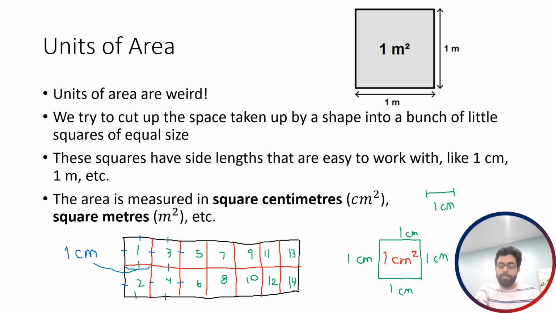We talked about exponents before, right? Basically, if you take this side length and multiply it by this side length, that gives you the area of the square. So 1 centimeter times 1 centimeter is 1 centimeter squared, to the power of 2. We talked about that in our exponents unit. And so that's how you get the area of this little teeny tiny square: 1 square centimeter.